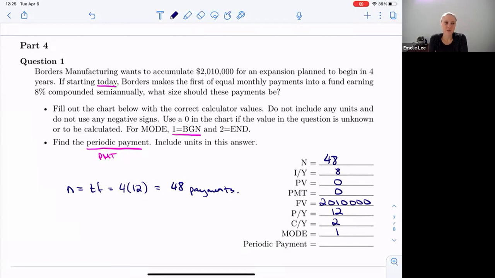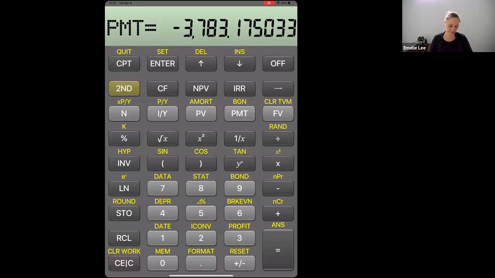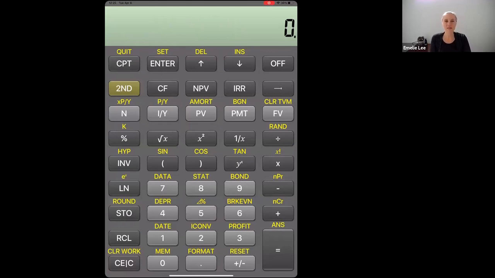Okay. So now, let's go in, and the first thing I'm going to do is change the mode to begin mode, and then enter in all these values. We did it at the beginning of the class, but you can use a refresher, right? For the begin mode, we have to go second, begin. It's at the end, that's our default, right?